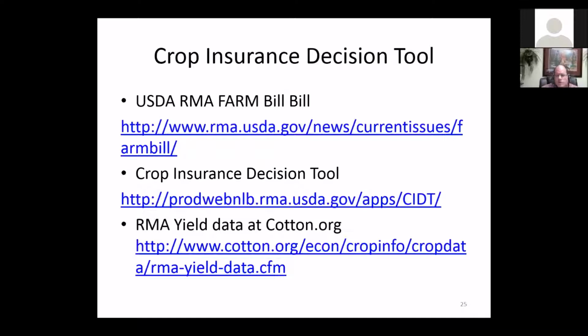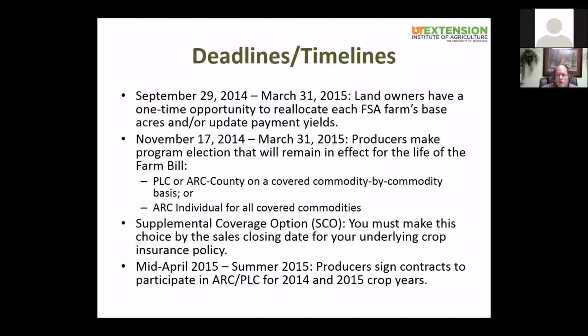The National Cotton Council has put together the RMA yield data like I showed earlier, at the bottom website, where you can see for your county what the RMA yields are on an irrigated and non-irrigated basis.